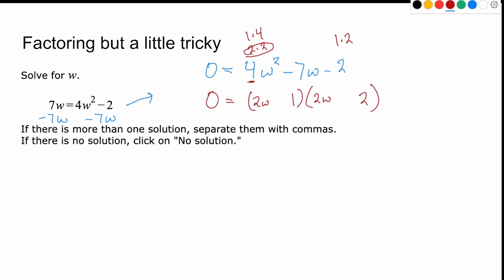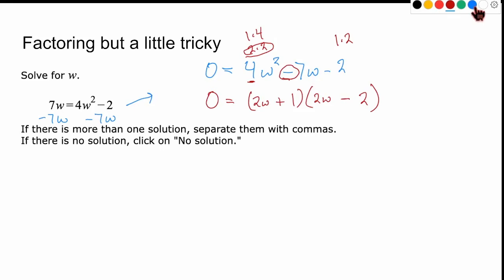Now we want a negative 2, so one of them has to be negative and the other has to be positive. And whenever we have a negative on the back, that means we're going to be subtracting. In the middle we end up with negative 7, so whichever is going to give me the biggest product has to be the negative one, because I'm more negative than positive. So I'm going to get a 2 times 2, so that should be negative, and that makes this one positive.